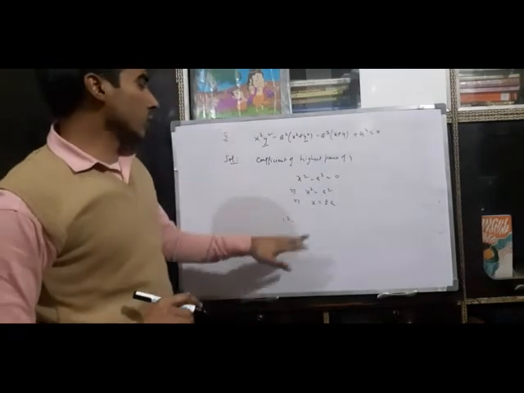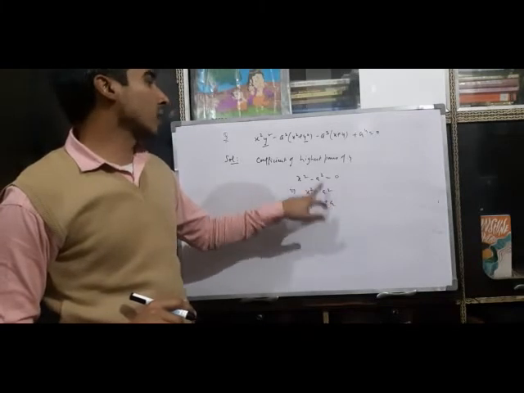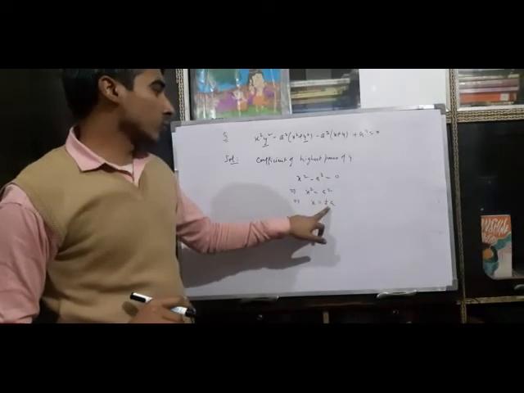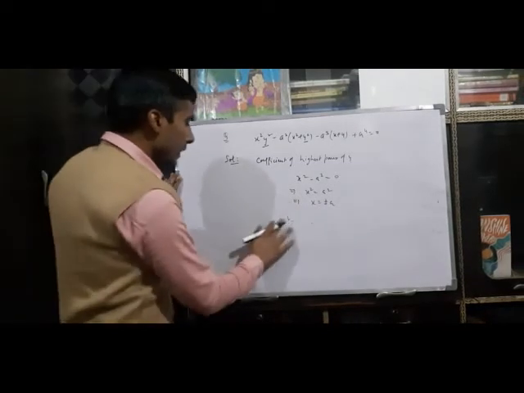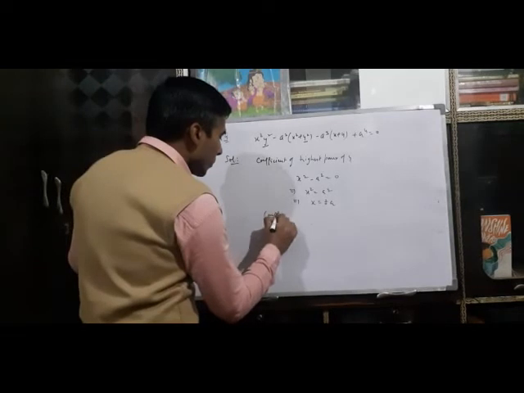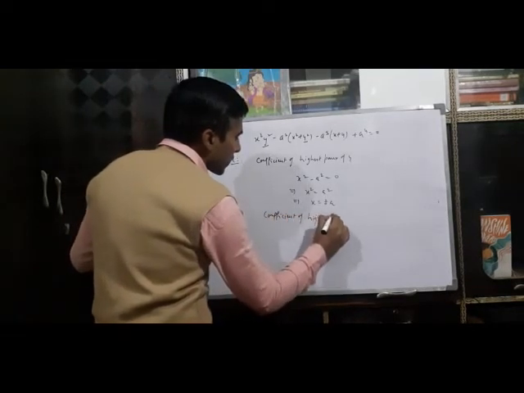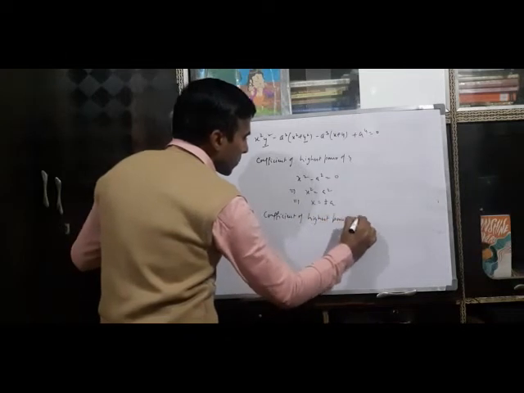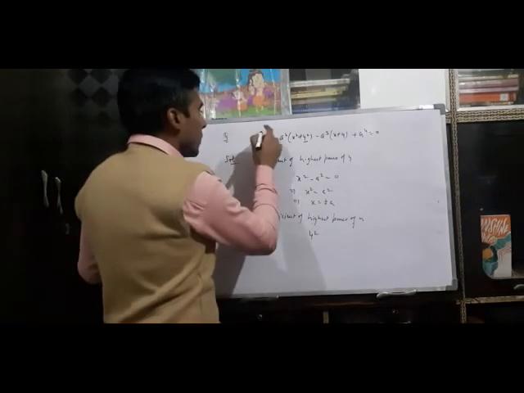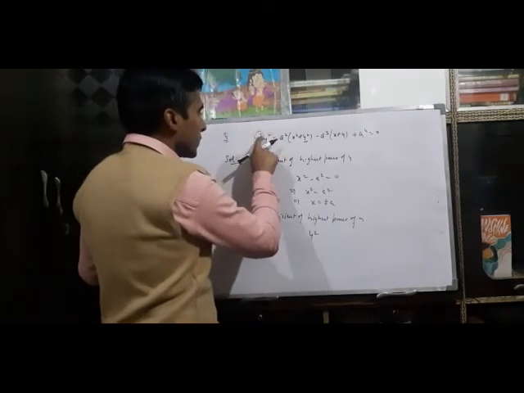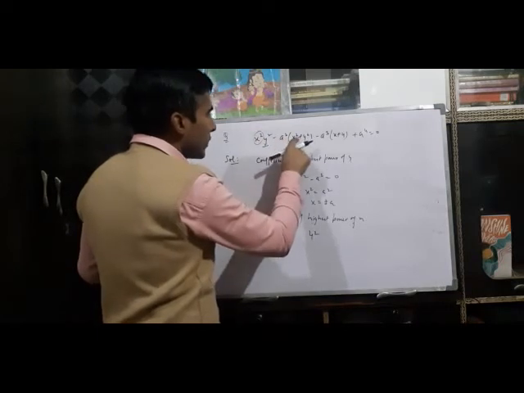So for the given curve x is equal to a and x is equal to minus a are the vertical asymptotes, or you can say the asymptotes parallel to y-axis. Again, the coefficient of the highest power of x, x square is the highest power, second degree, y square is the coefficient of this, and minus a square is the coefficient of this.